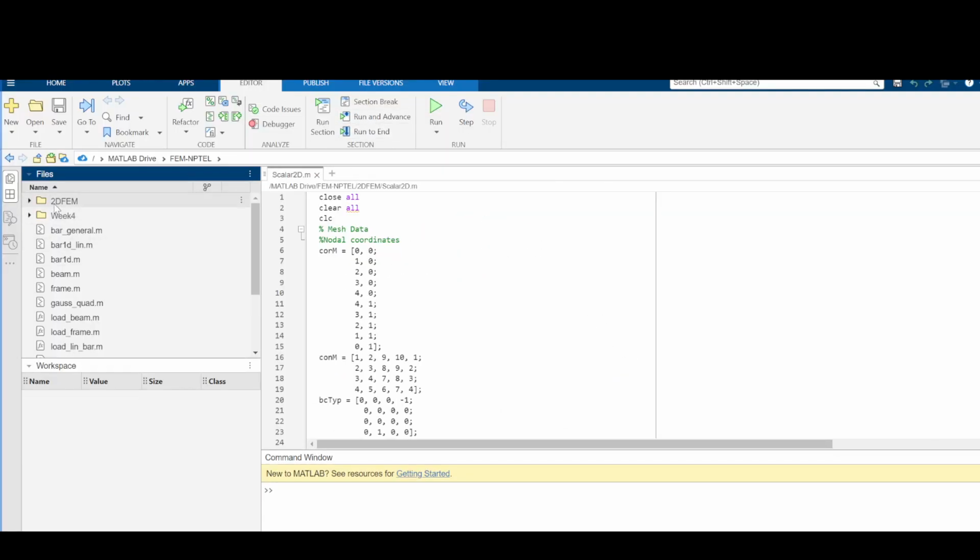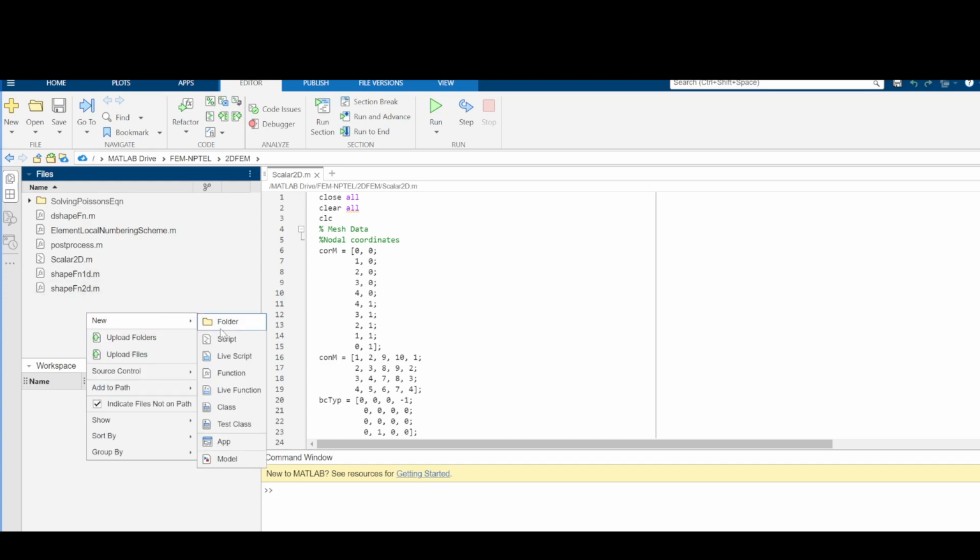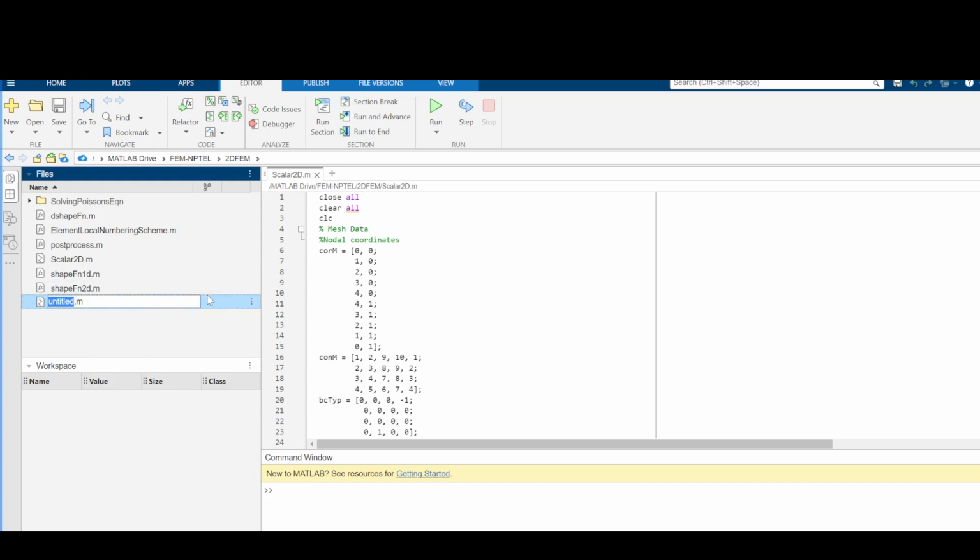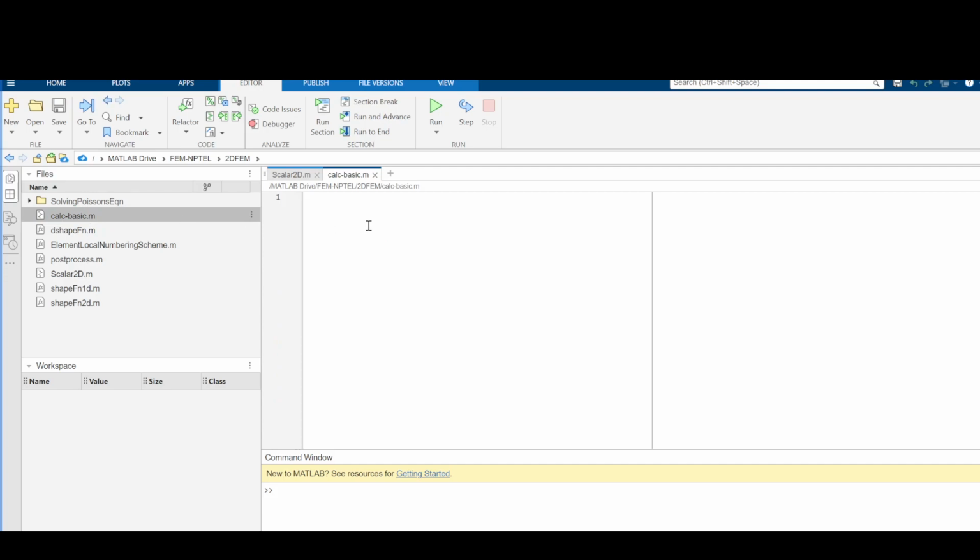Let me share my MATLAB window. So we can define a function first.